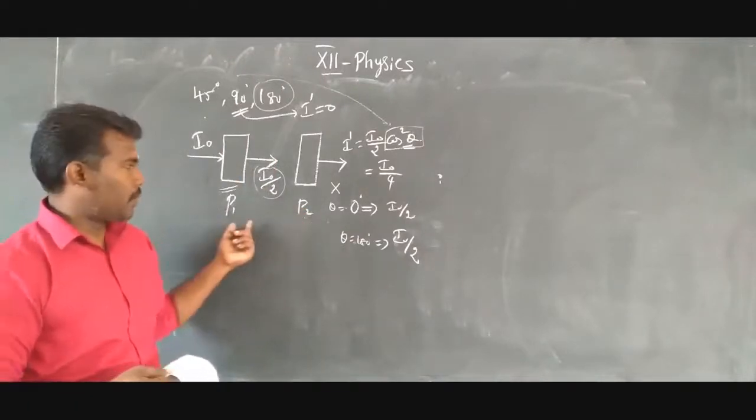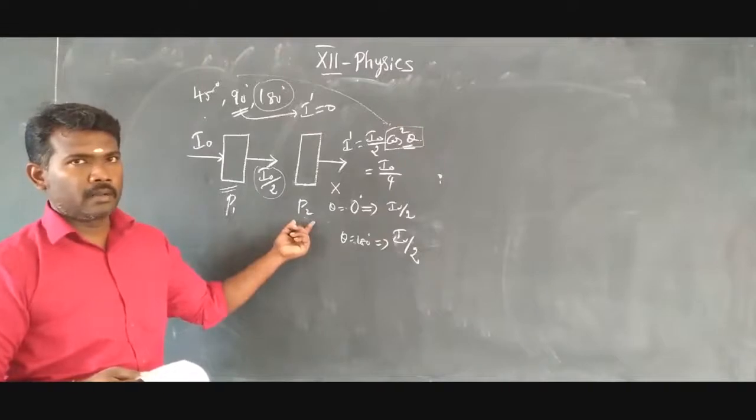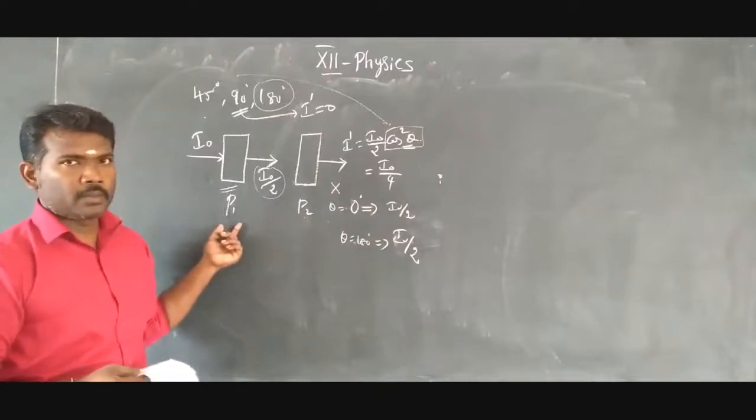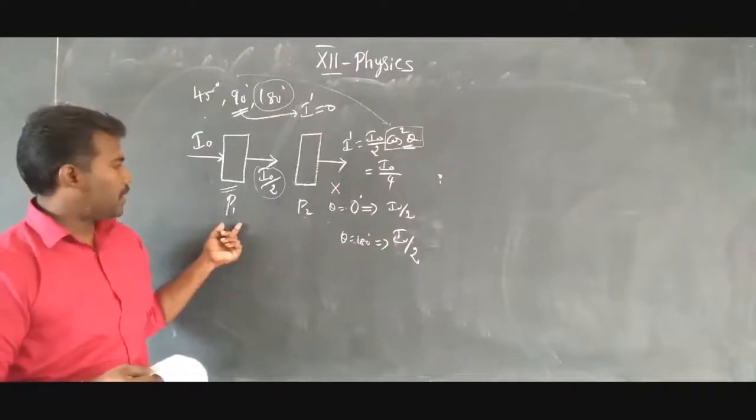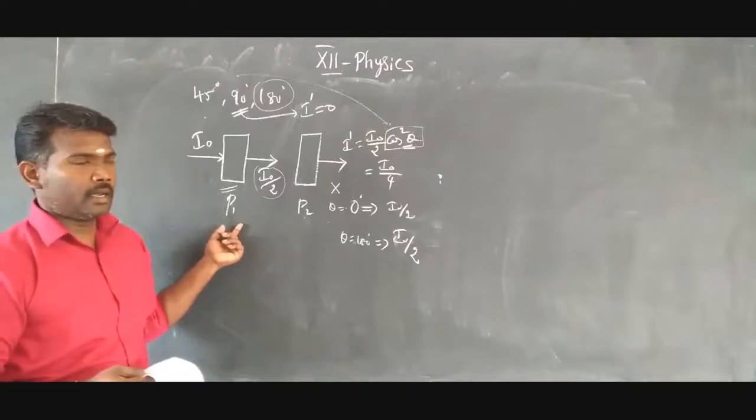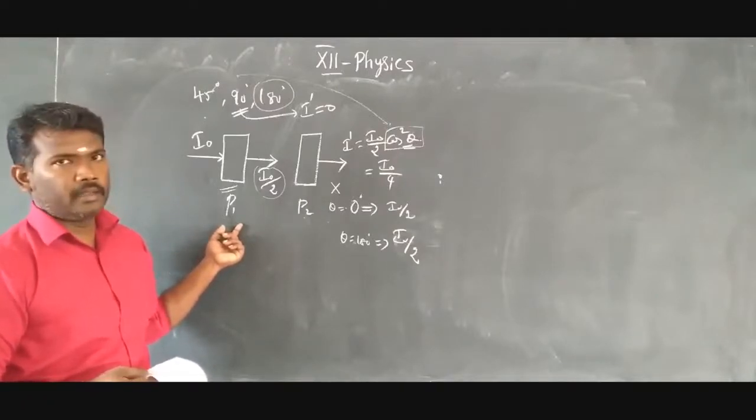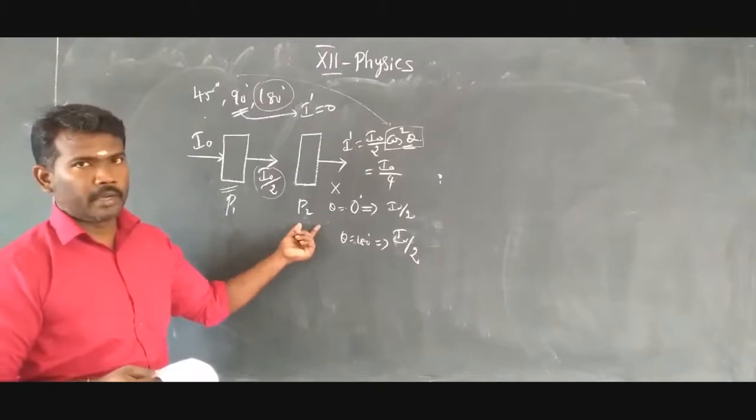Initially the polaroids P1 and P2 are parallel to each other. Now I am going to rotate the first polaroid between 0 degree and 90 degree with respect to the second polaroid.